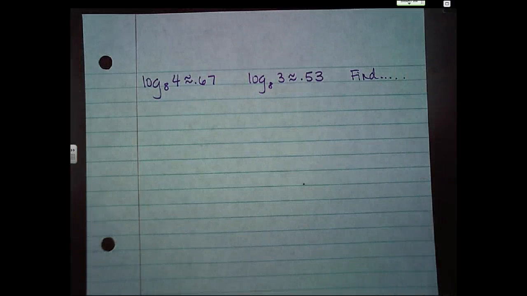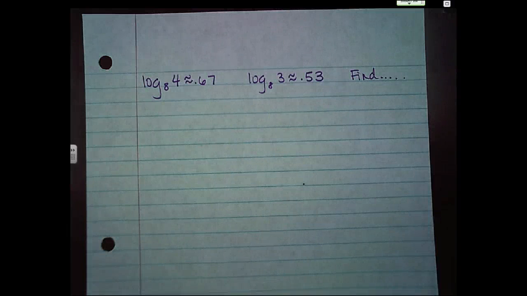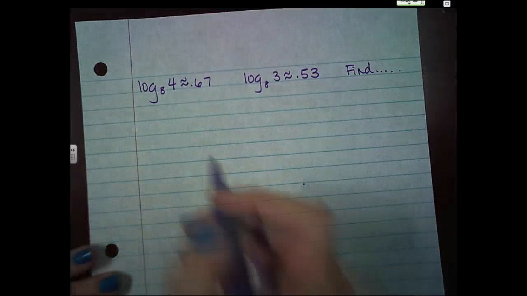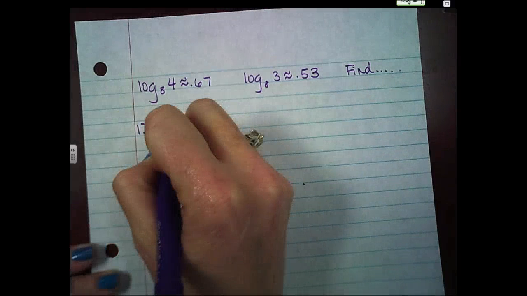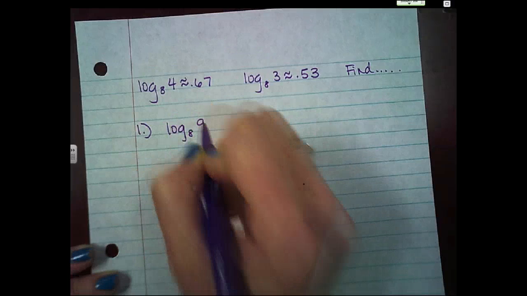In other words, if you can estimate, kind of, that log base 8 of 4 is 0.6 and log base 8 of 3 is 0.5, you can actually answer a bunch of problems. The same way we turn them into C and D, we're going to turn them into answers. Okay, so let me show you what I mean by that. So for number 1, log base 8 of 9.